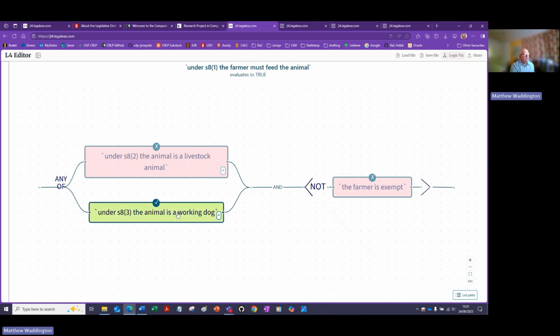So if I answer that, yes, it is a working dog, it now evaluates to true. If I turn it red, it now evaluates to false. If I turn this back to the farmer is exempt, it goes to false, whatever the answers to these are.